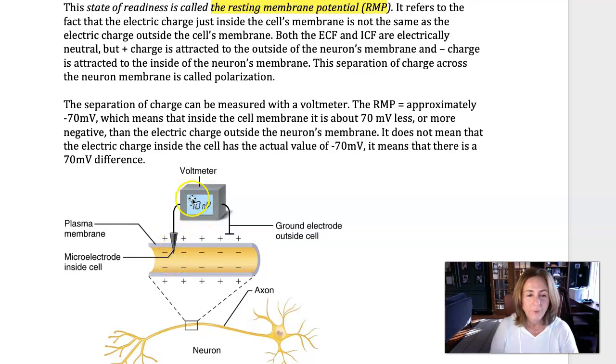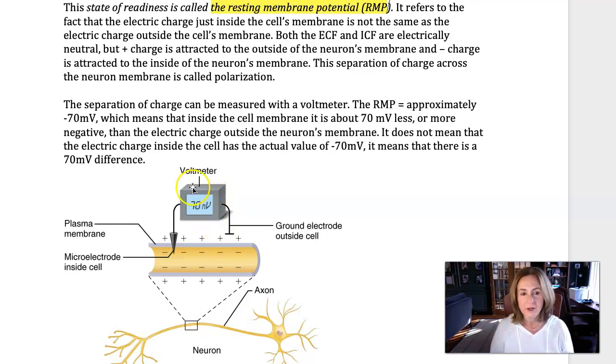What the voltmeter is giving us is a measurement of the difference in electrical charge between the inside and the outside of the membrane. Because the recording electrode is placed inside of the cell, this tells us that inside of the neuron's membrane, it's about -70 millivolts compared to the outside. So the resting membrane potential is this difference in electrical charge. It's just a voltage reading.